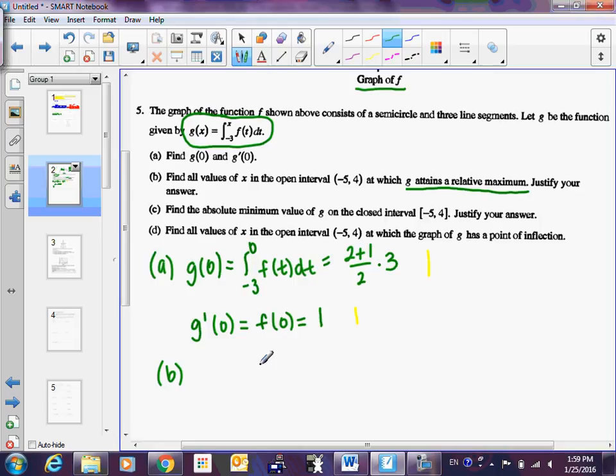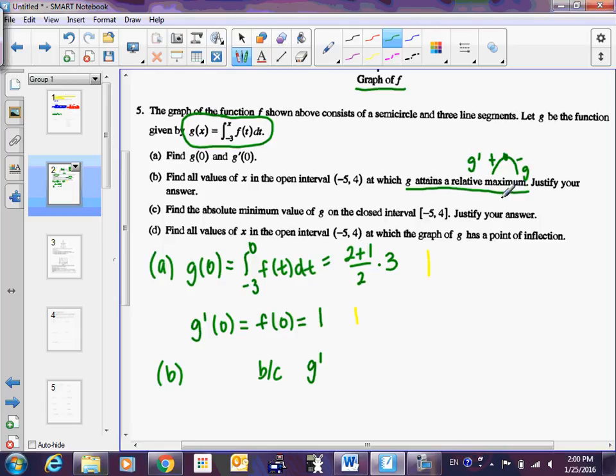So we've got to think about what was our justification for g attaining a relative max. What was happening with g prime? I'm going to draw a little graph of g. If this is the graph of g, what's happening to g prime right here? So g is changing from increasing to decreasing, and g prime is changing from positive to negative.